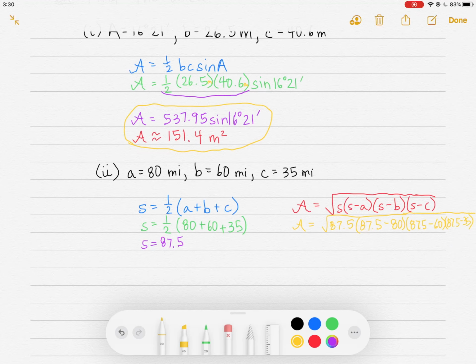Really, you can just stick everything that's underneath the square root into your calculator all at once. Just don't square root yet for our exact answer.